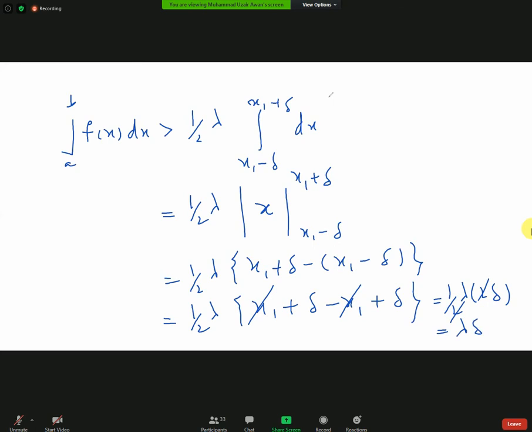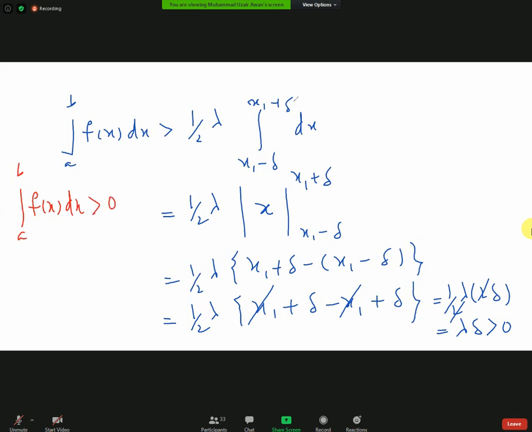Since we know that lambda is greater than 0, delta is also greater than 0, so this is greater than 0. So this implies that half integral a to b f of x dx is greater than 0. So this is a contradiction.